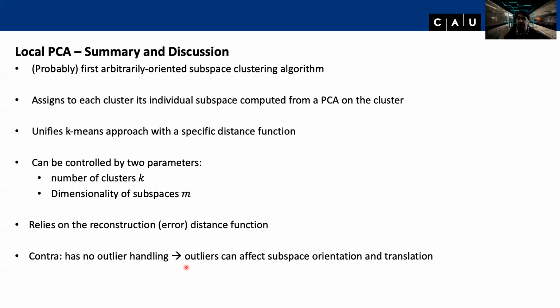So it may influence your clustering. Here you have even a second impact, a second potential target. It may not only affect your clustering, but it may also affect at the same time the subspace orientation in space, so how this one is oriented, and the translation in space.